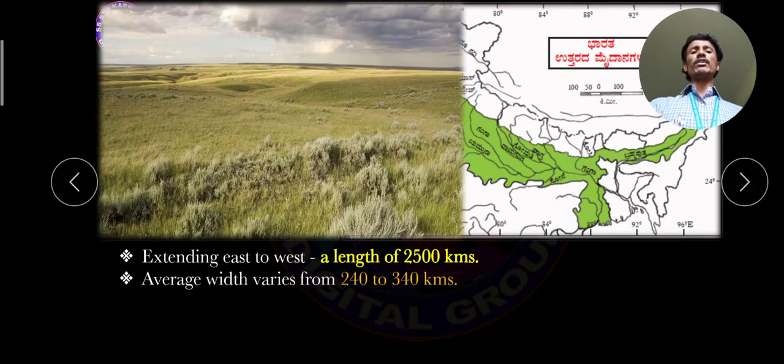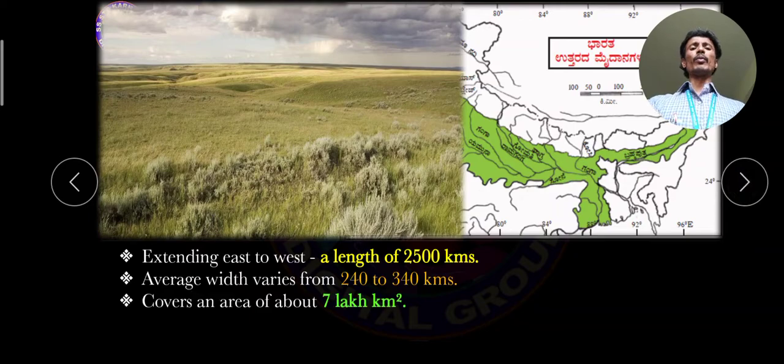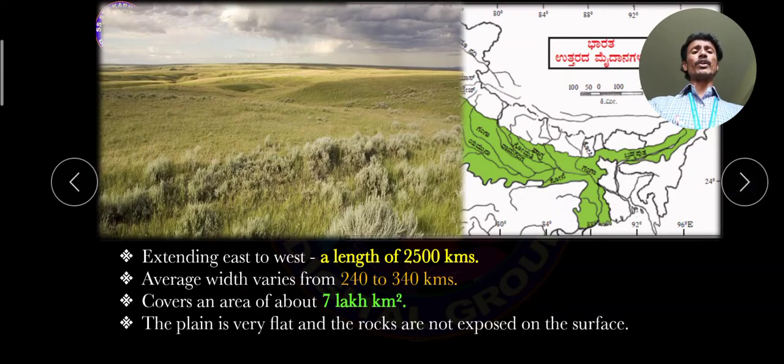Average width is only 240 to 340 kilometers. So it covers an overall area of about 7 lakh kilometers. The northern Great Plains cover more than 7 lakh square kilometers.